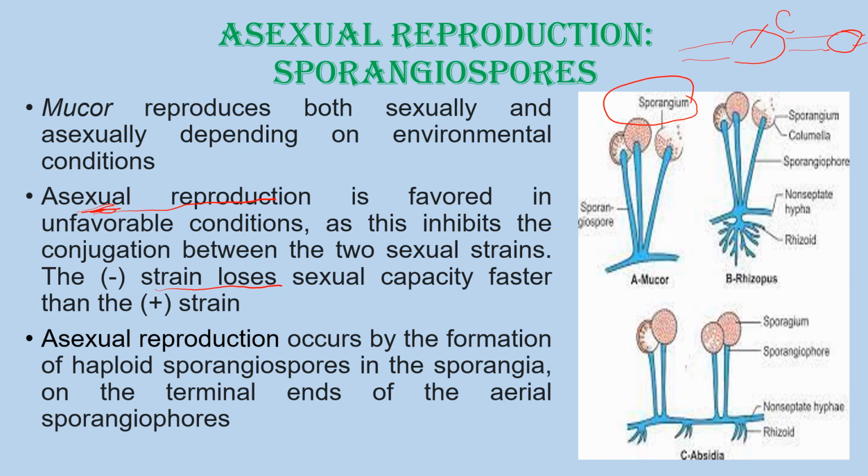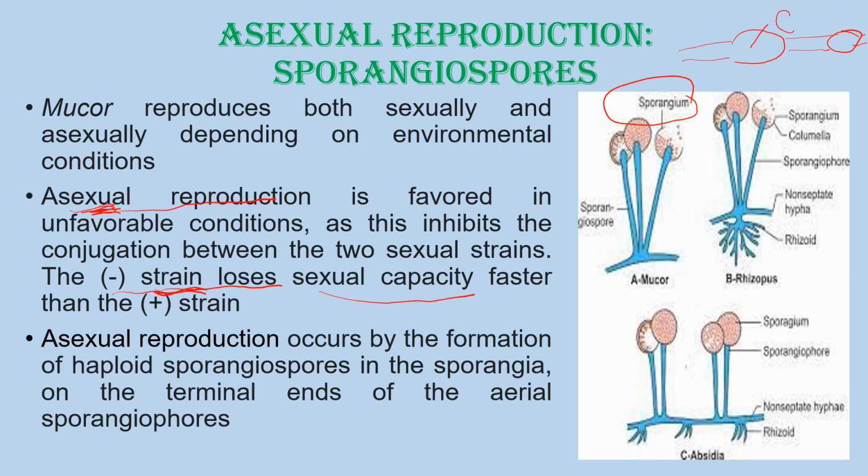We know that mucor is heterothallic and has two types of strains, positive and negative, and the presence of both strains is necessary for the sexual reproduction to happen. If drought stress occurs, then the negative strain loses its capacity to form the gametangia, and that is why during unfavorable condition, asexual reproduction occurs.